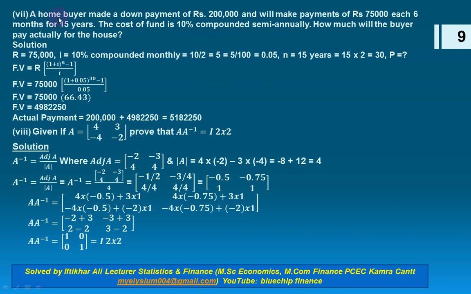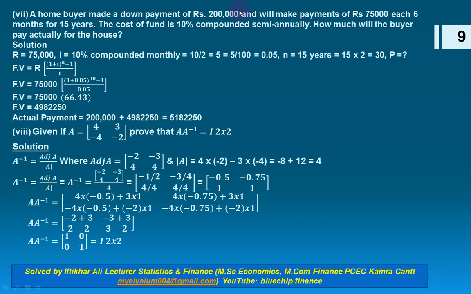As in this question, a home buyer made a down payment of rupees 200,000 and will make payments of rupees 75,000 each 6 months for 15 years. It is not mentioned whether payments are made at the start or at the end, but you can use your common sense: if a home buyer is paying rupees 200,000 down payment at the start, then definitely he will make the payments at the end of each time period.